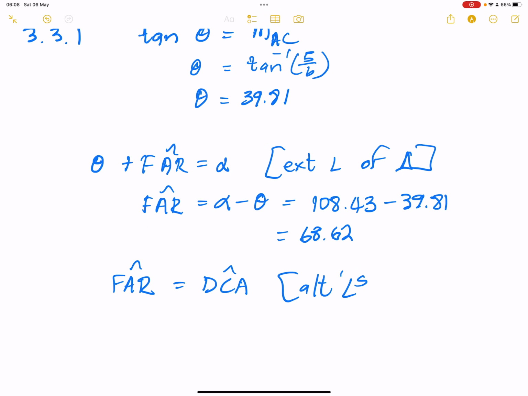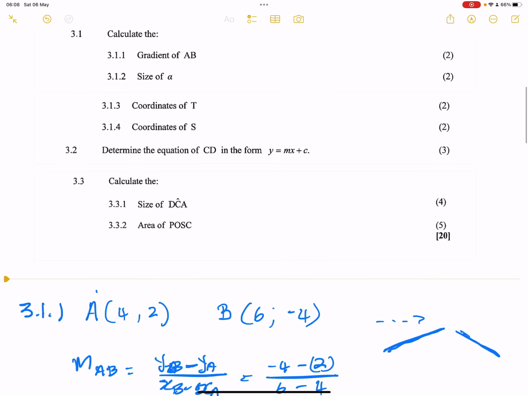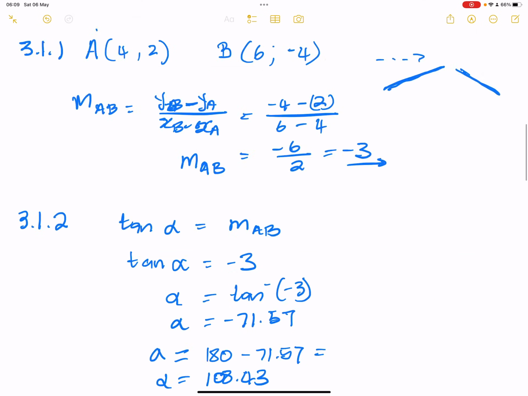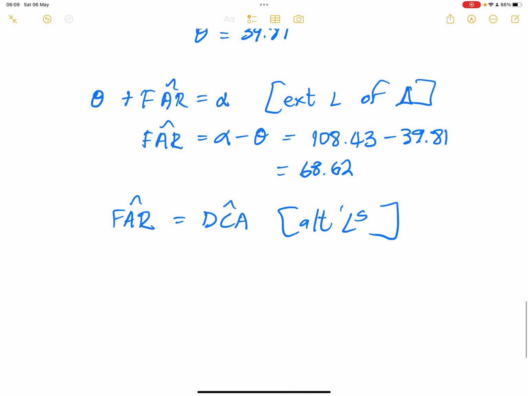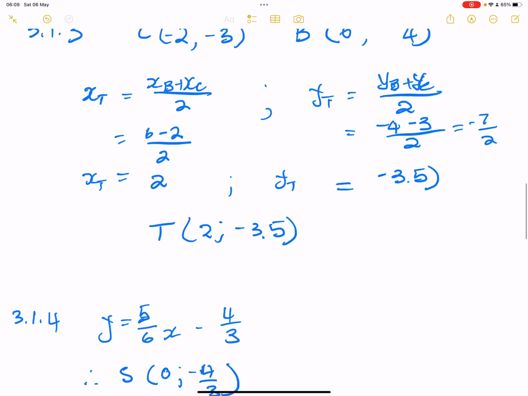As a result, we've got the angle that they wanted, which is DCA. What's the value there? 68.62. So that will be equal to 68.62 degrees. Right, let's go for the last question.